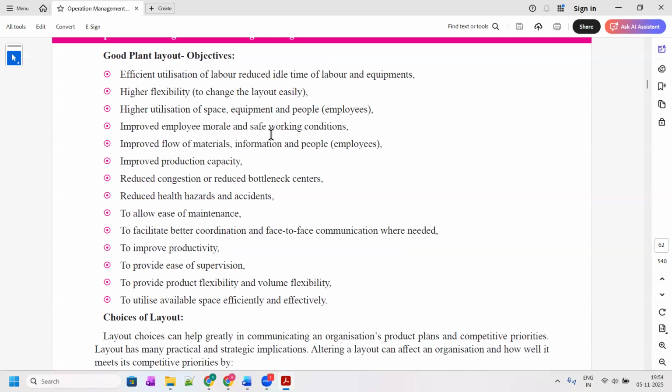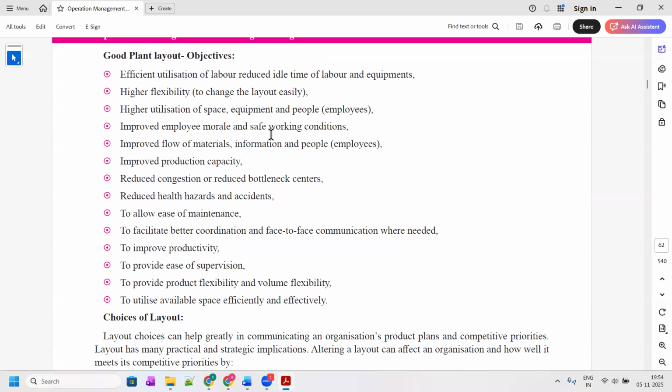In a good plant layout, machines and facilities should be easy to access and repair. We want to create better communication and coordination between teams, with face to face communication whenever needed, and all this will improve productivity.